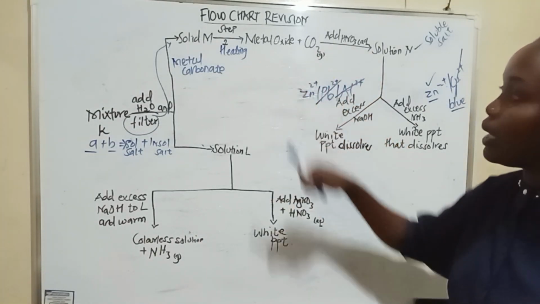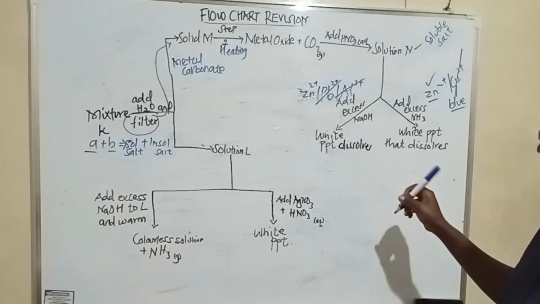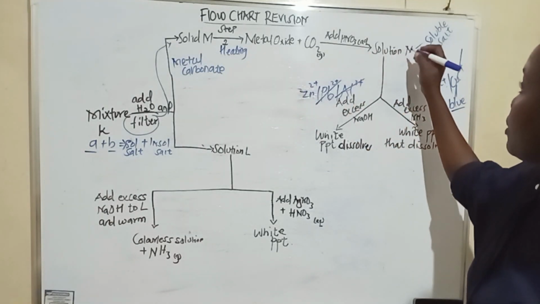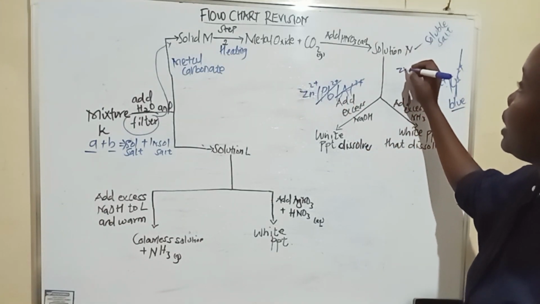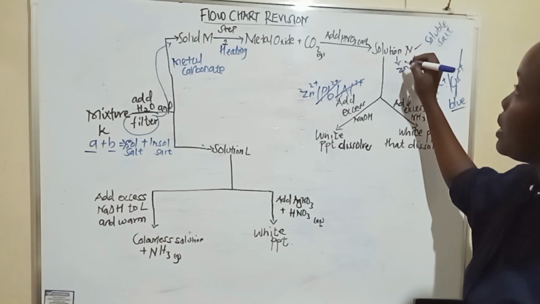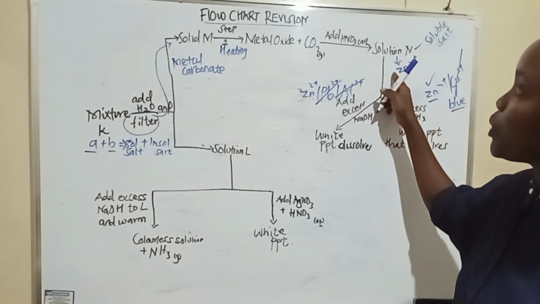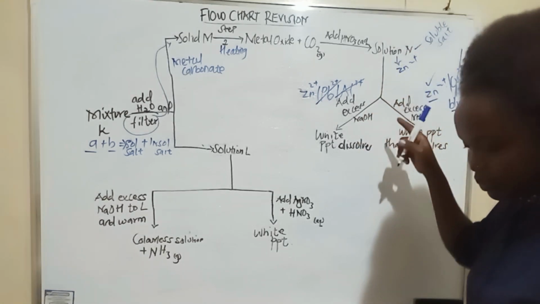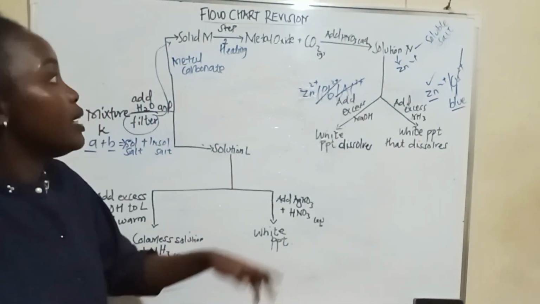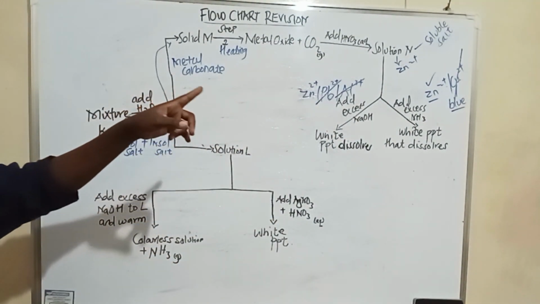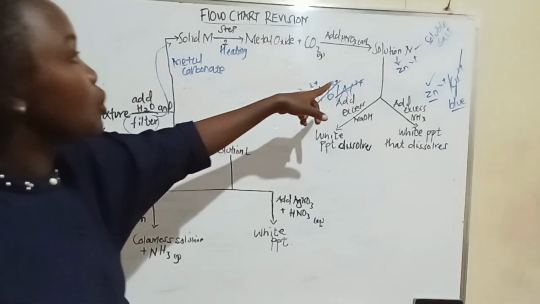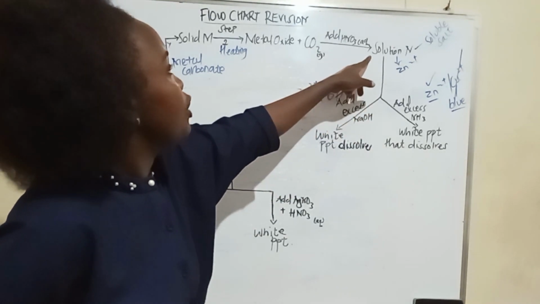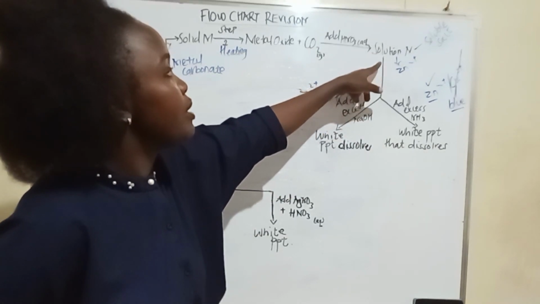So we are going to go back like this, okay? Now we know that solution N contains zinc ions. But remember, this solution N that we are talking about, where did you get the solution from?